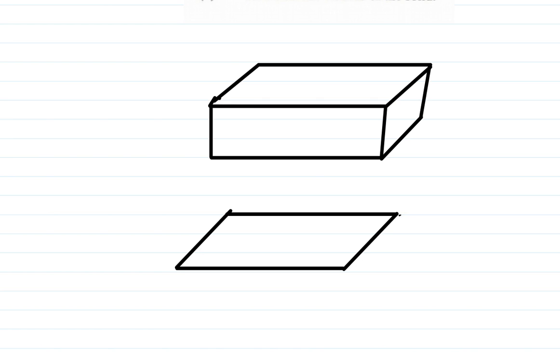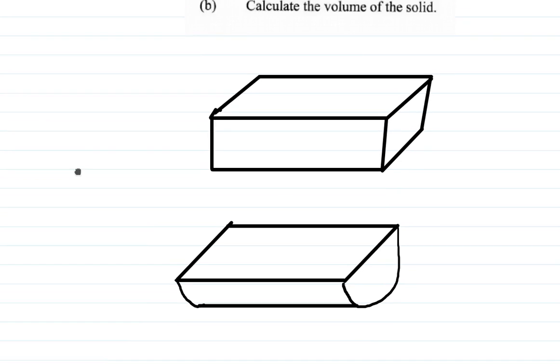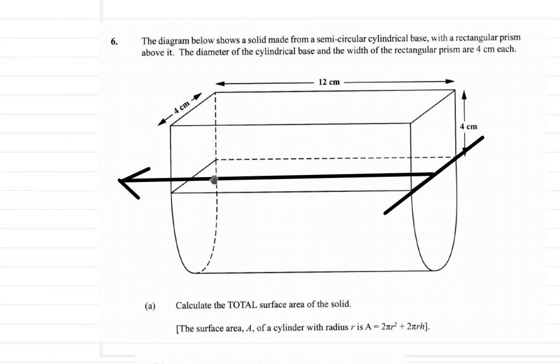Then you have your semicircle. Make the semicircle go down this way. It goes across here. Now, the thing is, you want the volume.